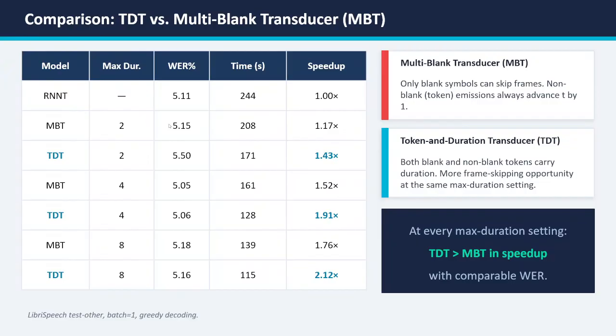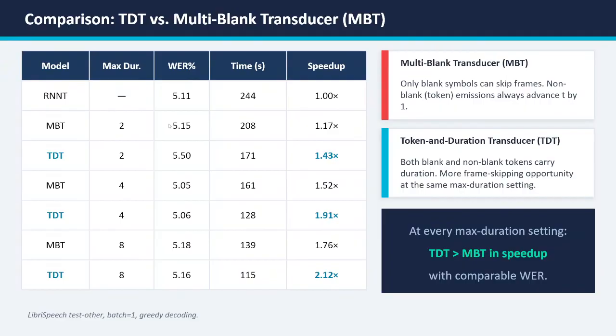We also need to compare TDT with another acceleration method called multi-blank transducer, or MBT. MBT introduces large blank symbols of various lengths to skip frames, but the critical difference is that MBT can only skip frames when outputting a blank. When outputting a word, it still only advances by one.